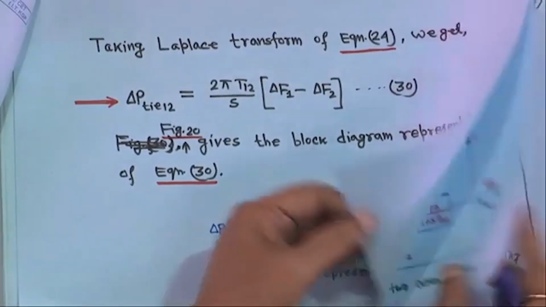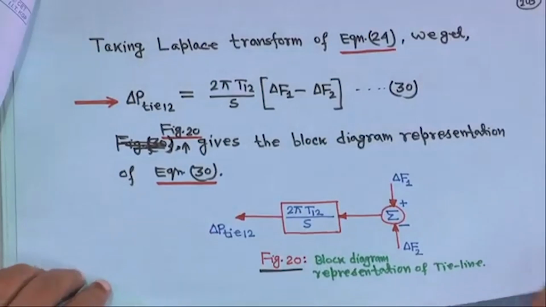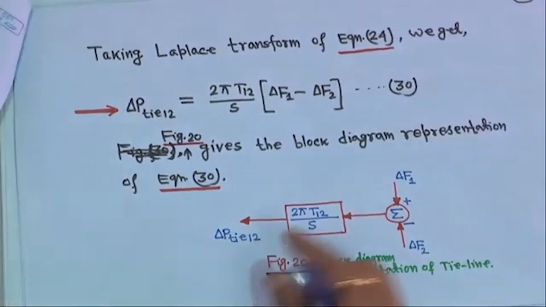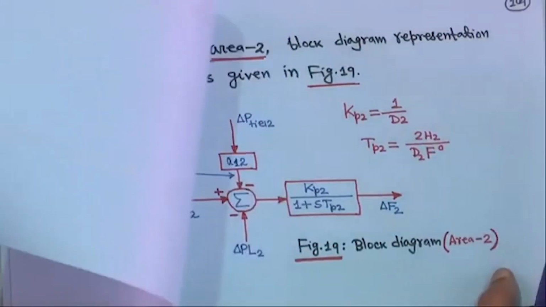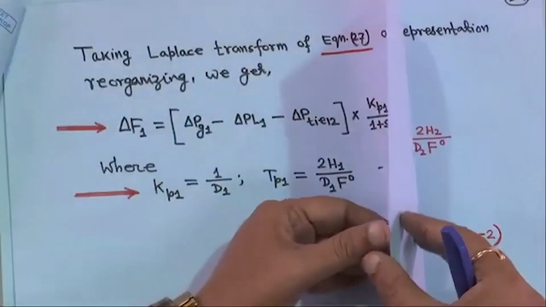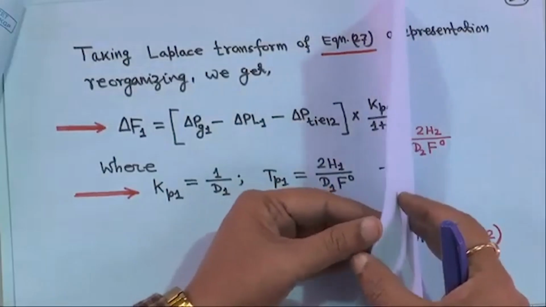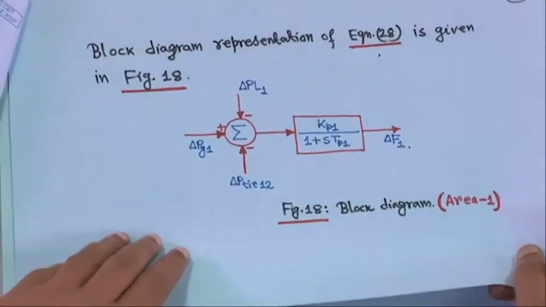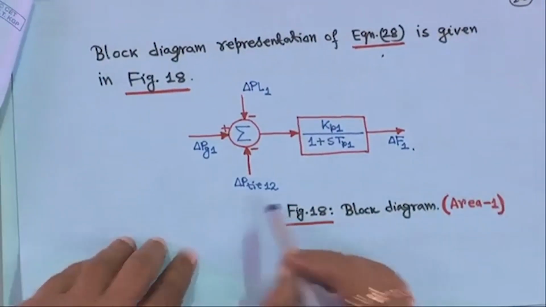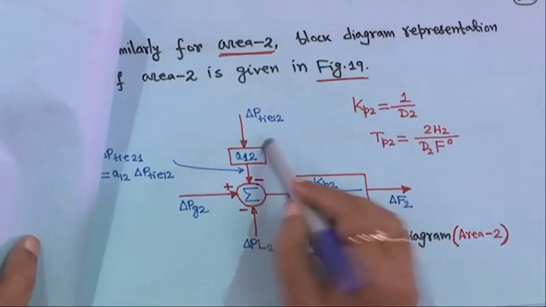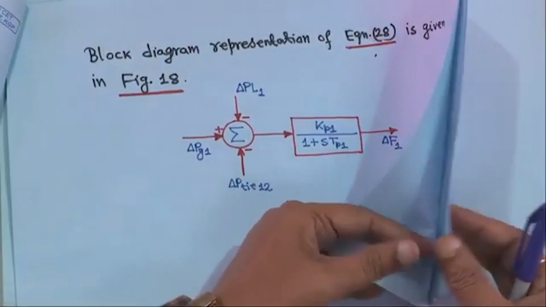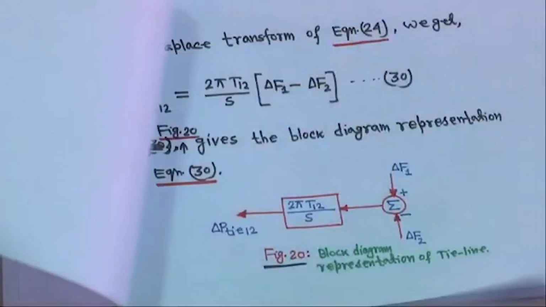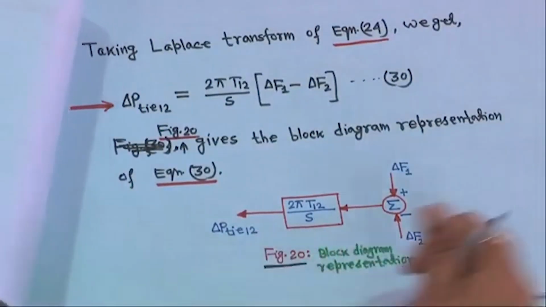Now, if you complete the block diagram, this delta P tie 12 whatever we have seen in the previous block diagram, here also delta P tie 12, and this delta P tie 12 you have to connect from this equation.